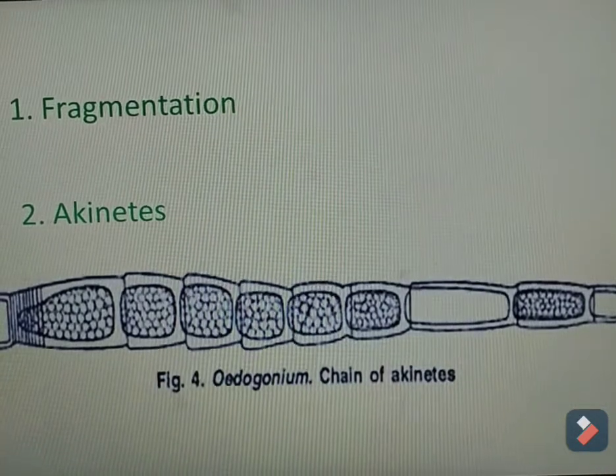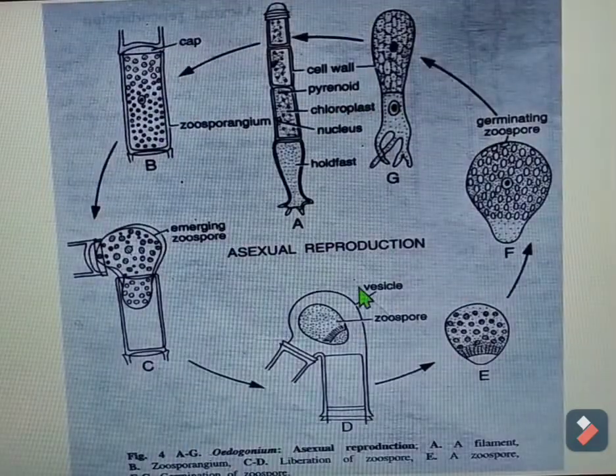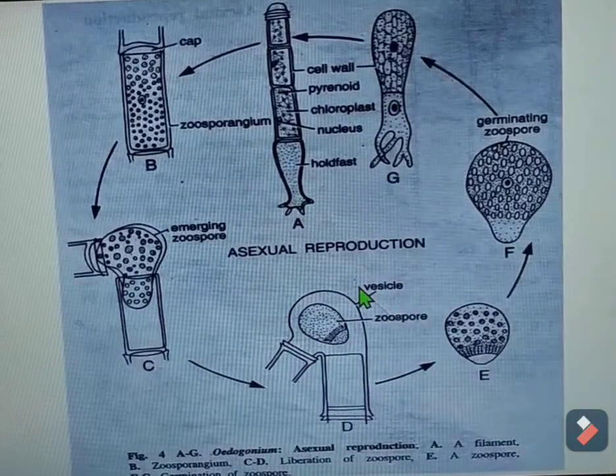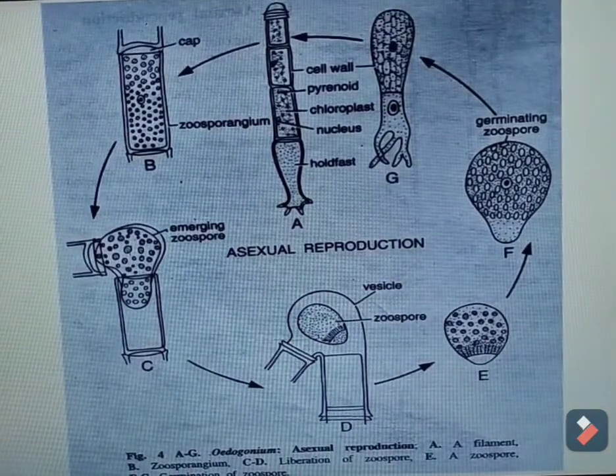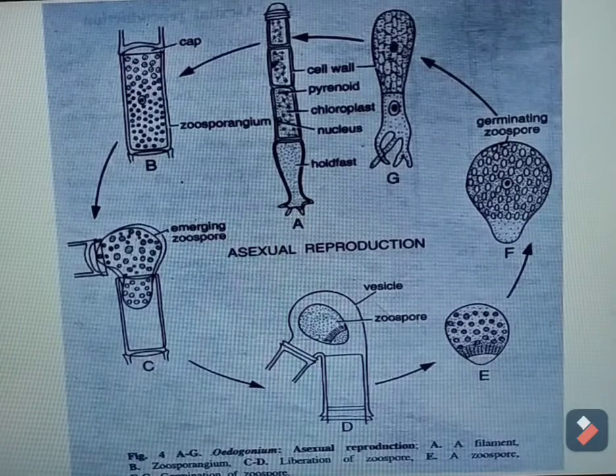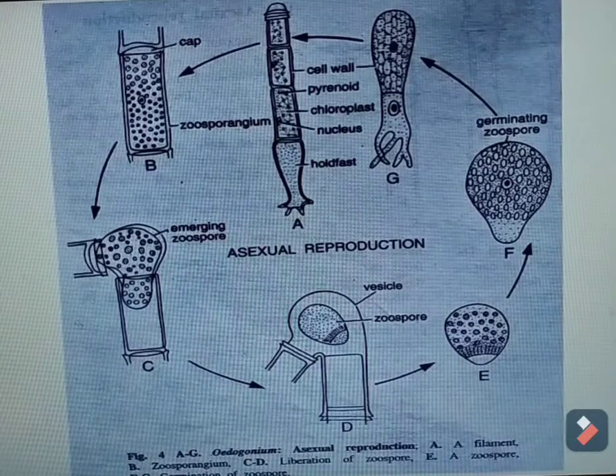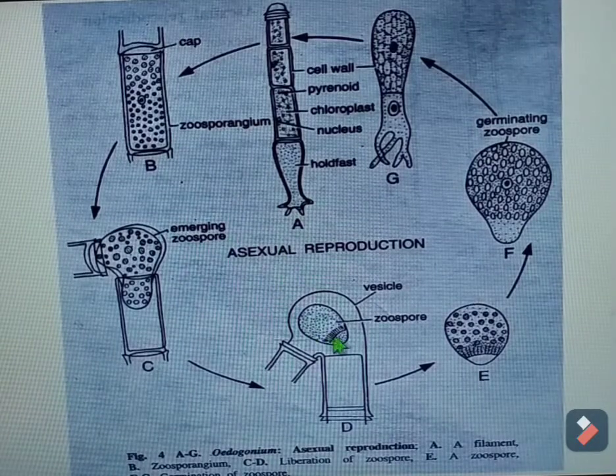Now next we come to asexual reproduction. Asexual reproduction usually occurs by means of zoospores.